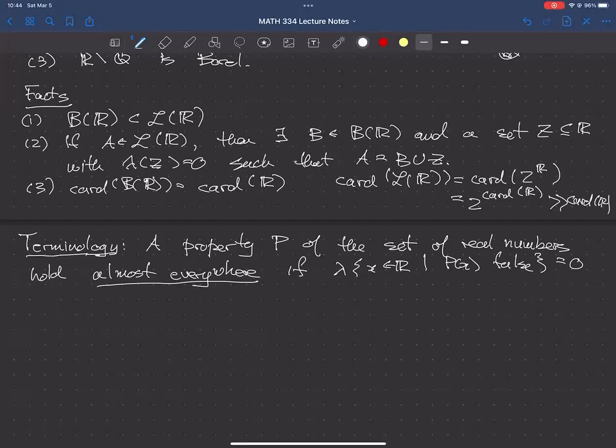So it's almost always true that P holds for a number x.